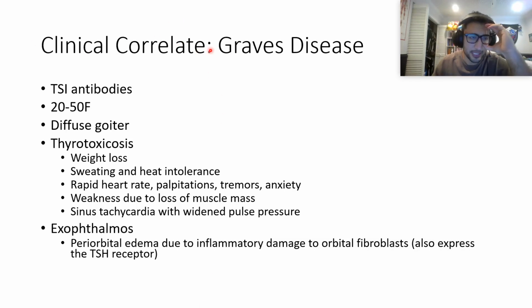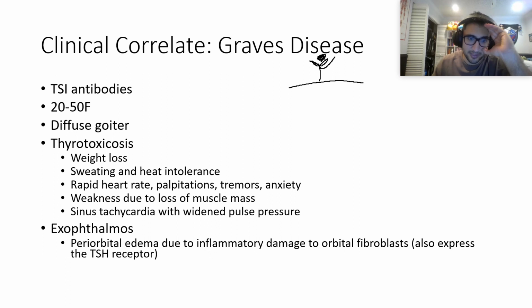So for Graves' disease, what I want you to understand is that there are thyroid stimulating antibodies. Okay? They are thyroid stimulating antibodies. They bind, so if this is the thyroid receptor, normally only thyroid stimulating hormone can bind here and increase the activity of the thyroid gland.